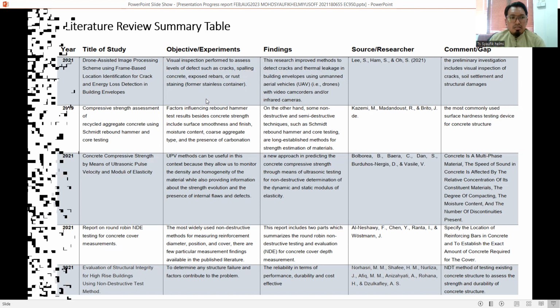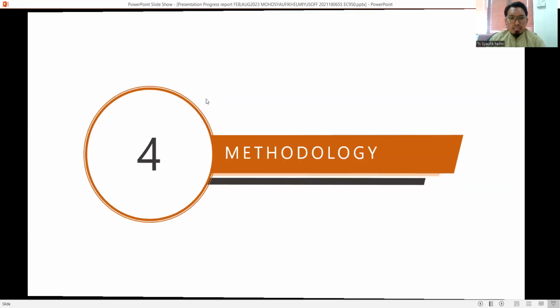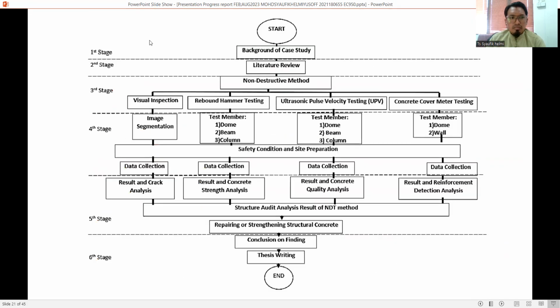Okay, we're going to the methodology. There are 6 stages. First stage, guiding to background. Second, literature review. The third stage is the critical part of the non-destructive method. We're focusing on visual inspection, rebound hammer testing, UPV, and cover meter.